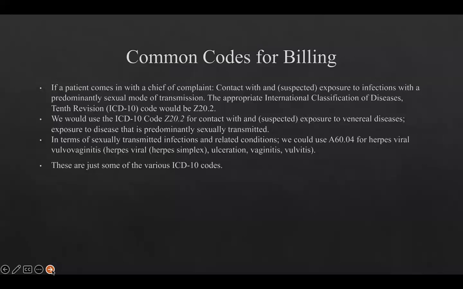And lastly, if we wanted to screen for someone who is high risk in heterosexual behavior, homosexual behavior, or bisexual behavior, we'd want to code for those three. Those three ICD-10 codes are Z72.51 for the heterosexual, Z72.52 for the homosexual behavior, and lastly Z72.53 for the high-risk bisexual behavior.